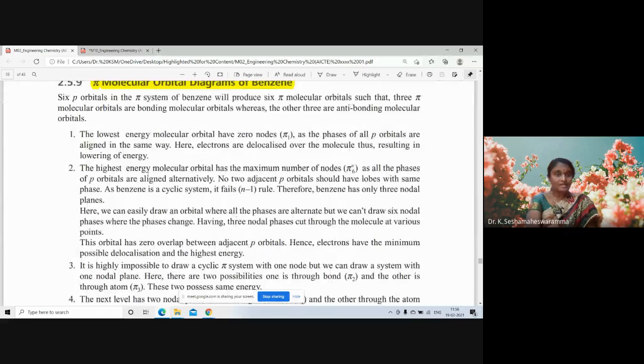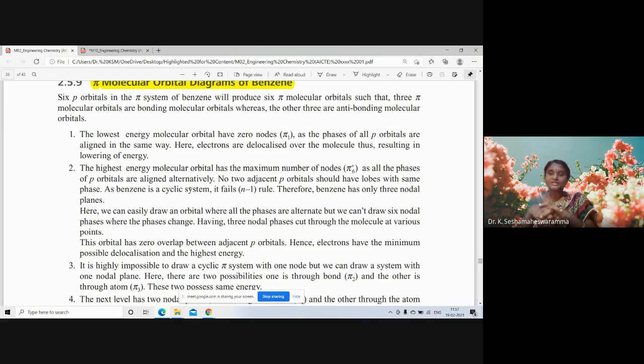The highest energy molecular orbital has the maximum number of nodes as all the phases of p orbitals are aligned completely alternatively. No two adjacent p orbitals should have lobes with the same phase. But as benzene is a cyclic system, it fails the n minus 1 rule.